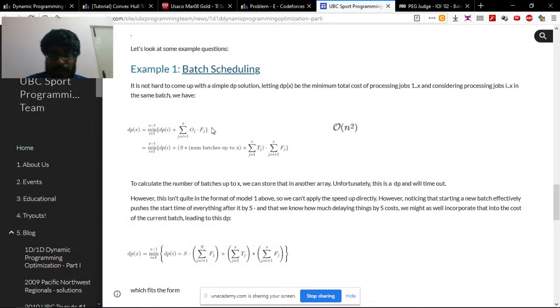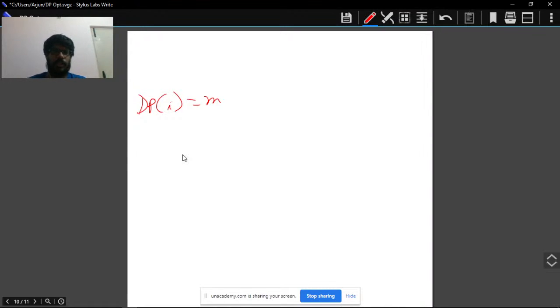So the naive DP itself doesn't work, right? The first thing itself will be hard to figure out. I hope the issue is clear. This S depends on the number of times you break down at the beginning. So you don't know what the time is currently. It's not just the sum of the times till now. It's also the number of times S has come.